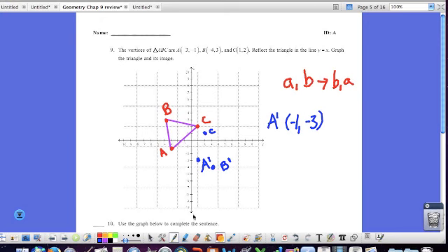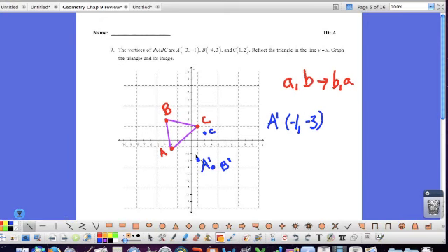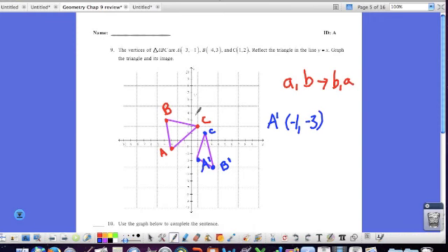I'm going to get my straight line tool. And that looks a little off, so I want to just check this for a minute. -1, -3.